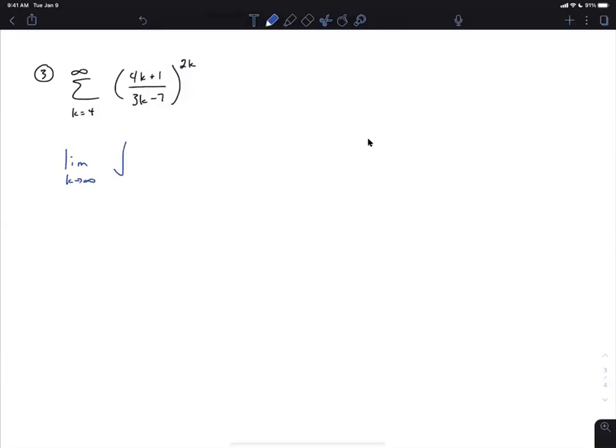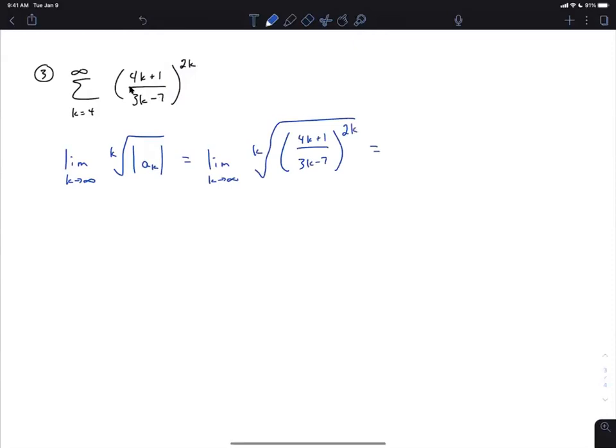And so what we do is we start just like the ratio test, except instead of the ratio, we're taking the k root of the absolute value of this. In this case, everything is positive, so you could drop the absolute value. Okay, if I take the k root of this, that's the same thing as raising it to the 1 over k.